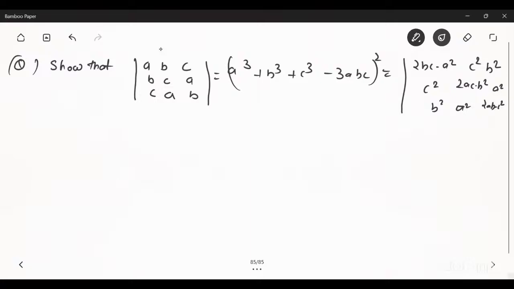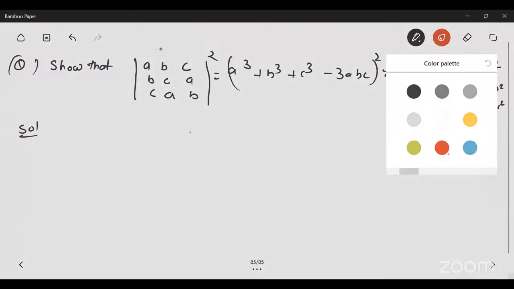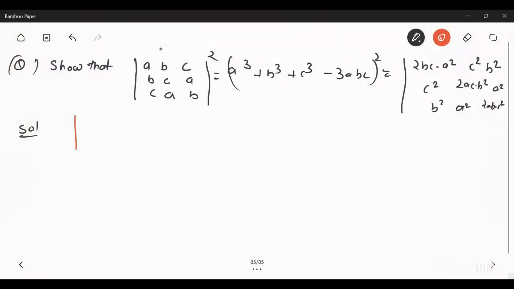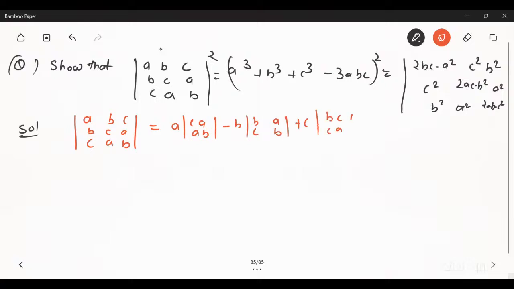Now how can we solve this? Generally, what is the value of the determinant a b c, b c a, c a b? Expanding, it is a(bc minus a square) minus b(b square minus ac) plus c(ab minus c square).